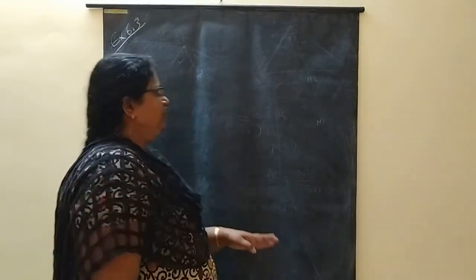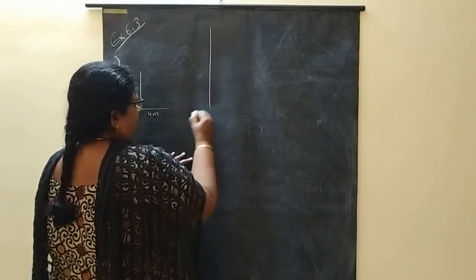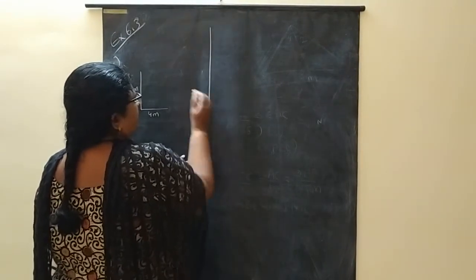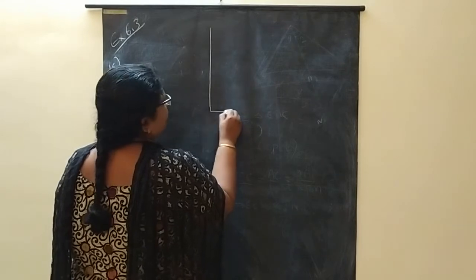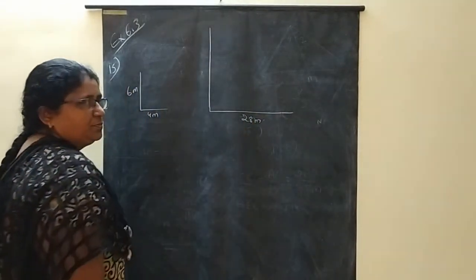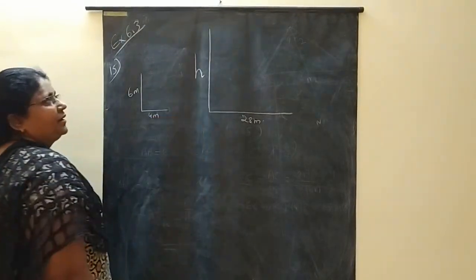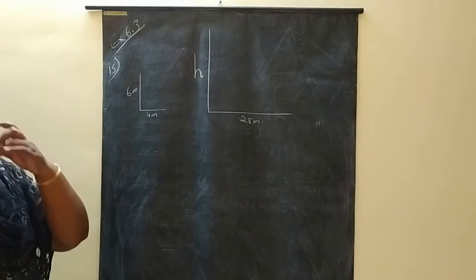At the same time, a tower casts a shadow 28 meter long. What is the height of the tower? That is the question.